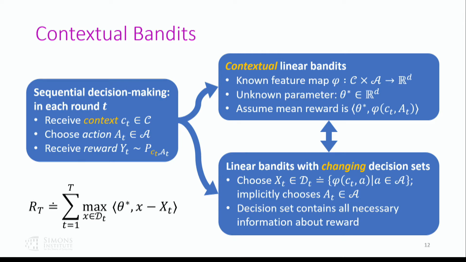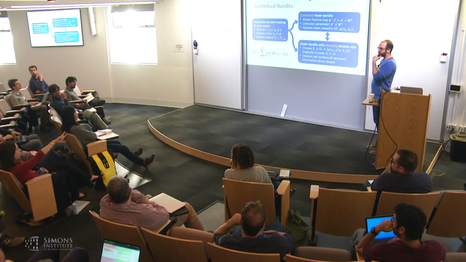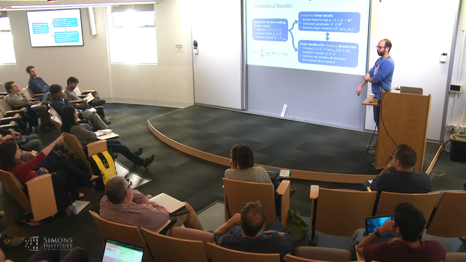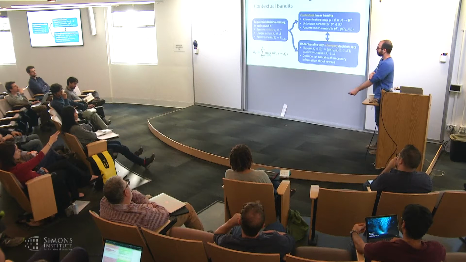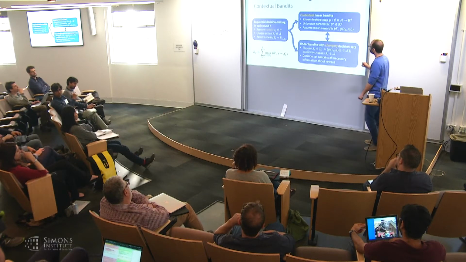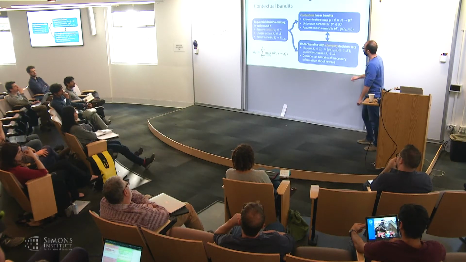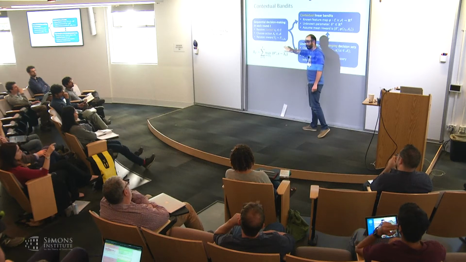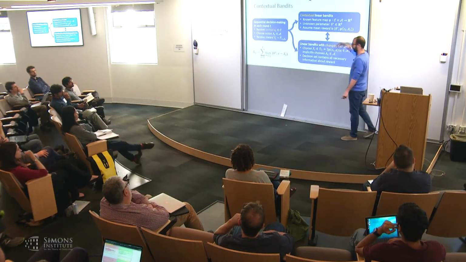The regret in this context, the expected regret, is now the maximum in each day's decision set of the same expression. Are you saying these two problems are equivalent mathematically, or are these two generalizations of the linear problem? Well, this doesn't say anything about linearity, but if I assume this and linearity, then they are equivalent.